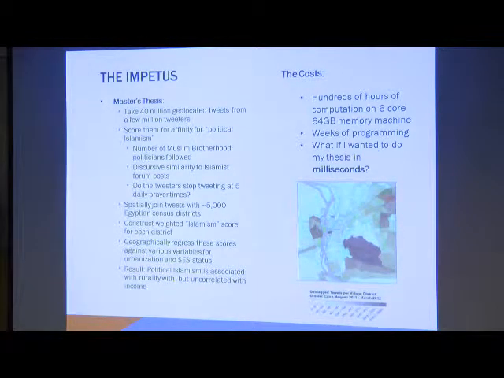So what I did is I scored each of these tweets for political Islamism on 3 different measures: the number of Muslim Brotherhood politicians followed, discursive similarity to Islamist forum posts, and whether the tweeters stopped tweeting at the 5 daily prayer times. I spatially joined those with 5,000 census districts, which took forever, by the way, in PostGIS.